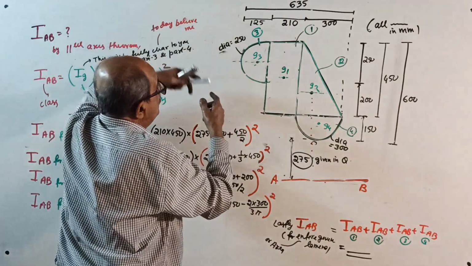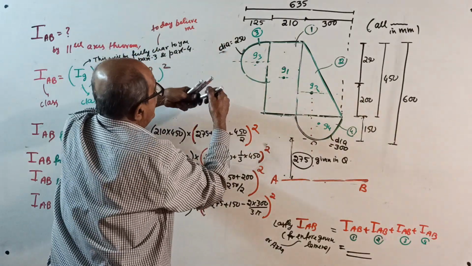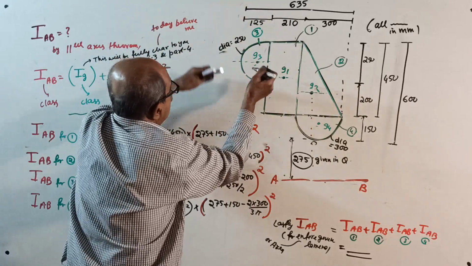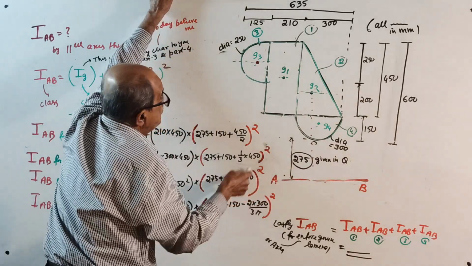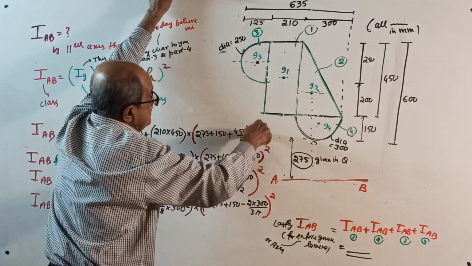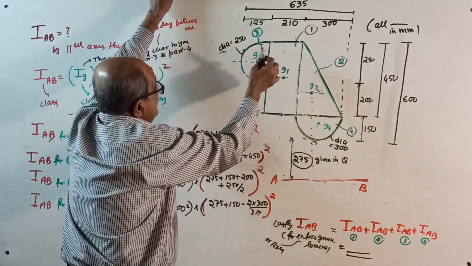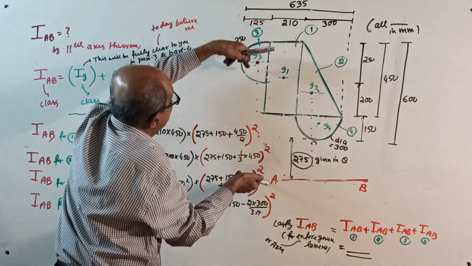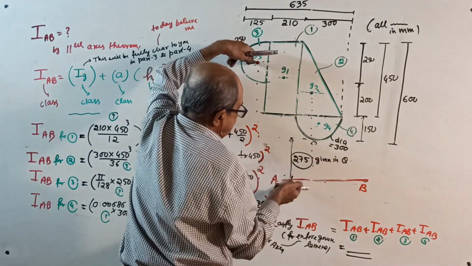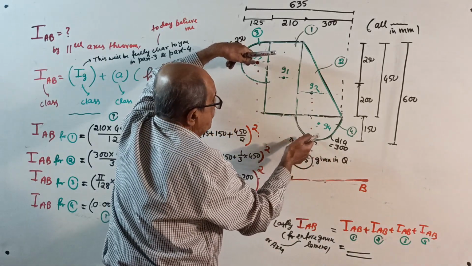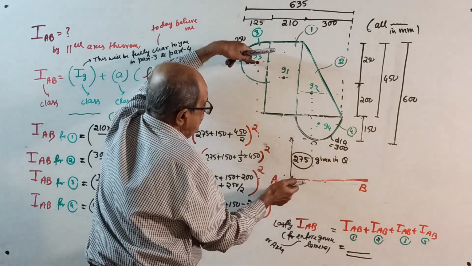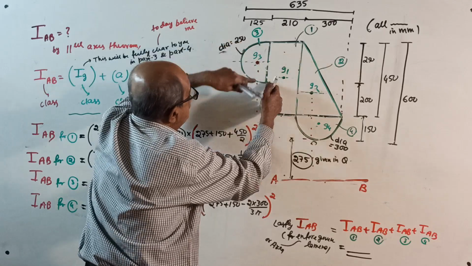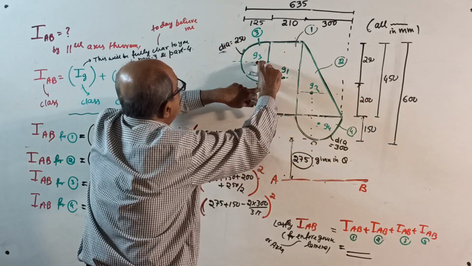is the area into the distance from the centroid of that component to the axis, squared. From here to here, this distance is 275 plus 150, plus 200 plus half of 250.